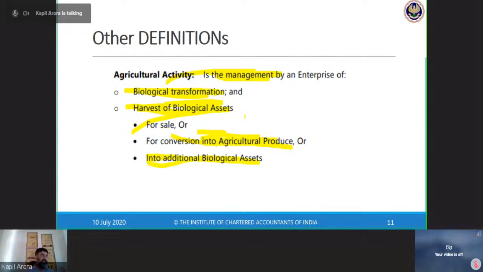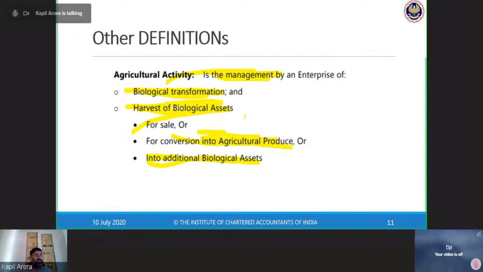Sakshi, agricultural activities are not to be included in AS10. However, it says that if a living animal is there, which could be considered as a biological asset under agriculture activities, but it meets the definition of PPE, we can get the guidance from property, plant and equipment to record the value of that.